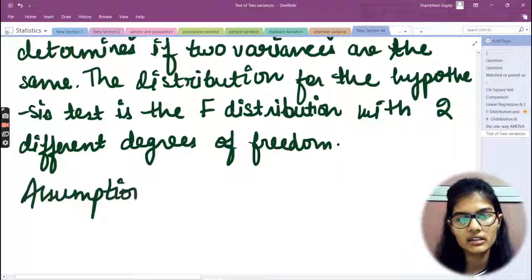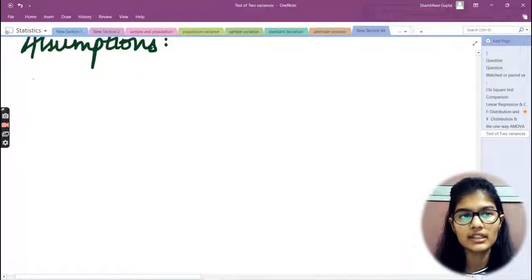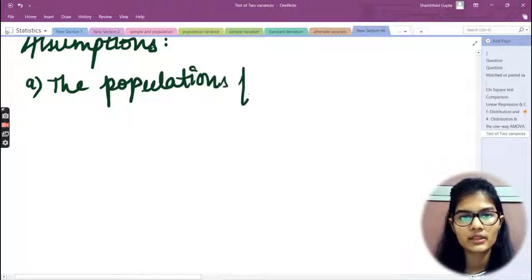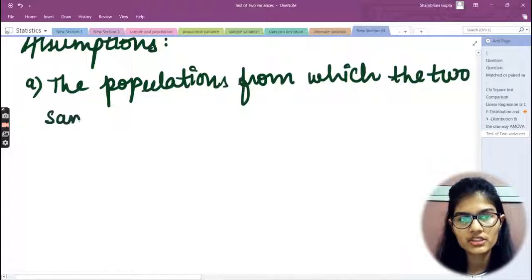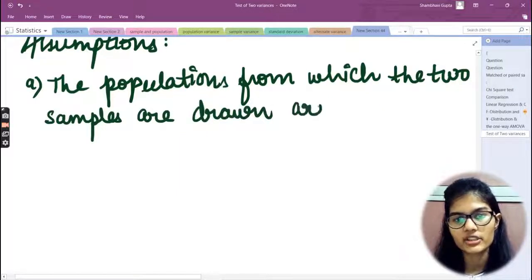So here go the assumptions. The assumptions we made first was that the populations from which the two samples are drawn are normally distributed.